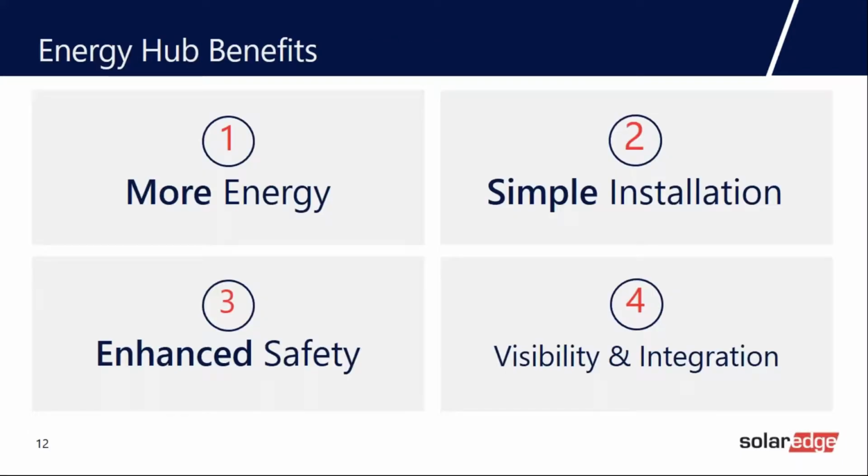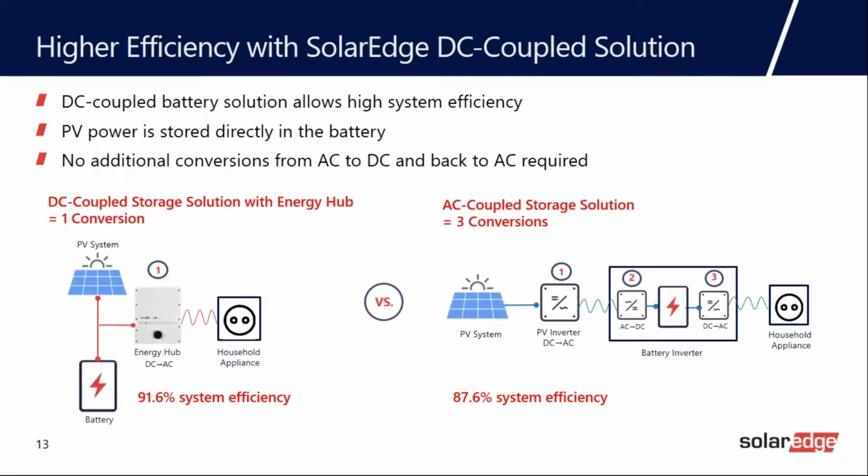So let's go through the Energy Hub benefits and how we get you more energy, how it's simple to install. We'll talk a little bit about safety, and then visibility and integration. So higher efficiency. SolarEdge still strongly believes in DC coupling. DC coupling has changed.